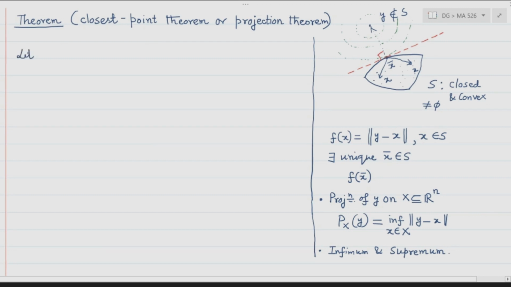Here we let S be a non-empty closed convex set, and y is outside the set S.